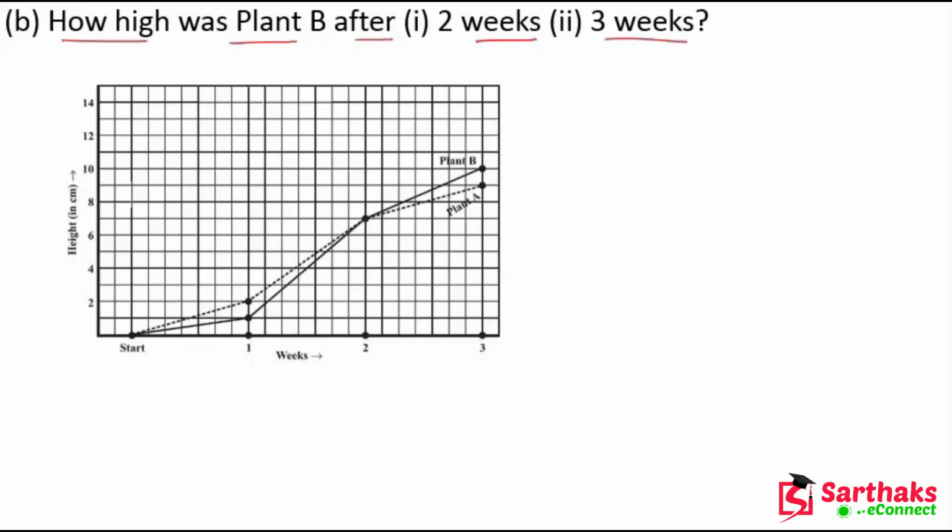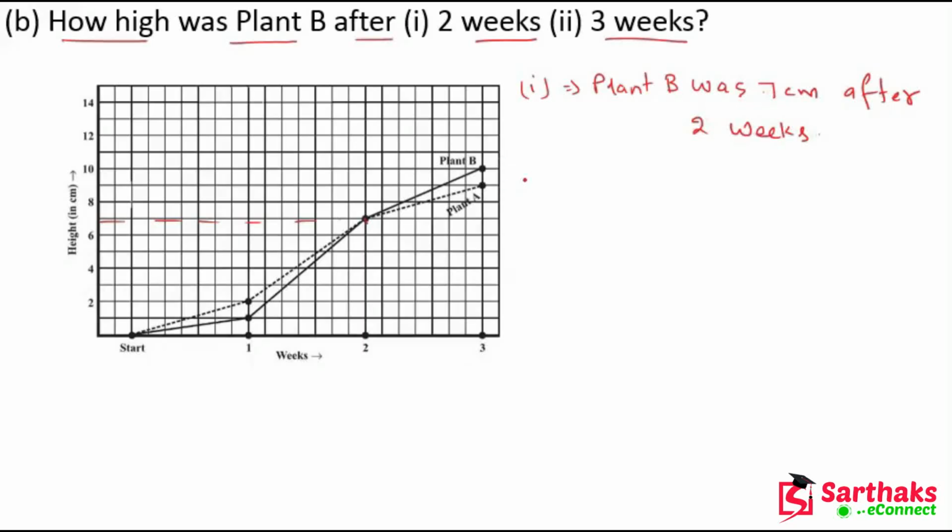Now the next part is how high was plant B after 2 weeks and 3 weeks. In the first part, we can write plant B was, after 2 weeks, similar to plant A, 7 centimeter. So plant B was 7 centimeter after 2 weeks.